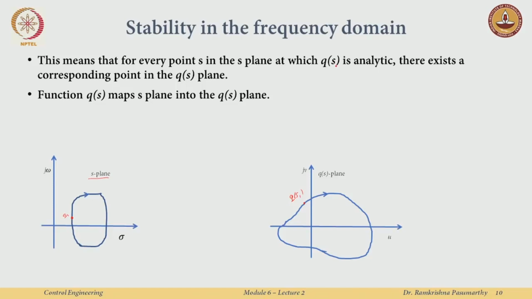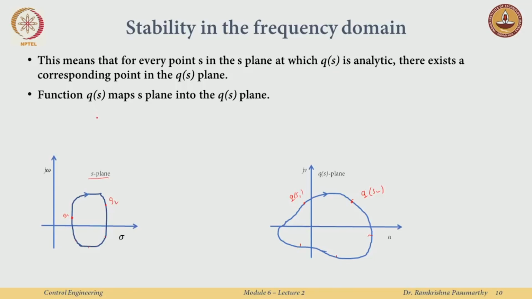We will not go into the definitions of analytic functions, but we will just say that I can compute it at almost all points. So for S1 there will exist a Q of S1, similarly I take an S2 here, there will exist a Q of S2 here and so on. Whatever points I have here, I will have corresponding points there.